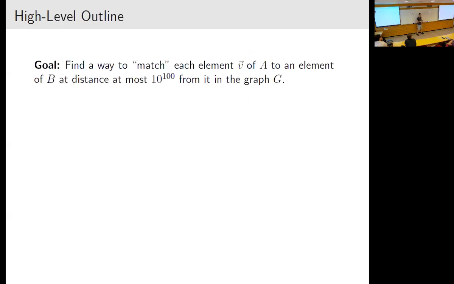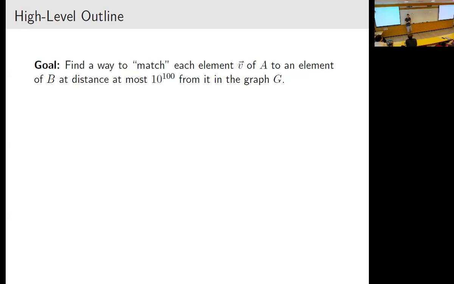Let me try to clarify the goal here. I've built this graph. What I want to do is take each point in A, let's say A is my disk, and pair it up with a vertex of B at bounded distance, say 10 to the 100 or whatever, in this graph, so that everyone in A has a unique partner in B at a bounded distance.